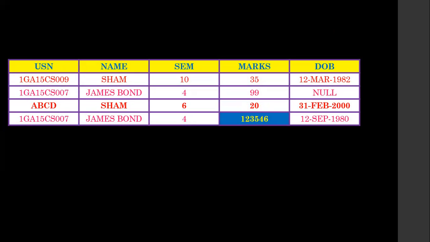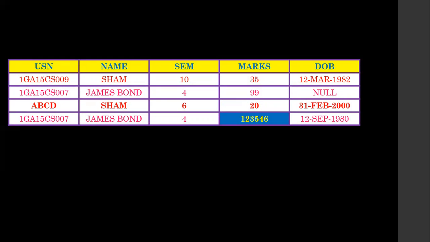For example, for the marks column in this table, we have to specify the condition that marks should be between 1 to 100, so the maximum number of digits should be 3. Once I start inserting values, it will accept the first row because marks is 2 digits, the second also 2 digits, the third also 2 digits.